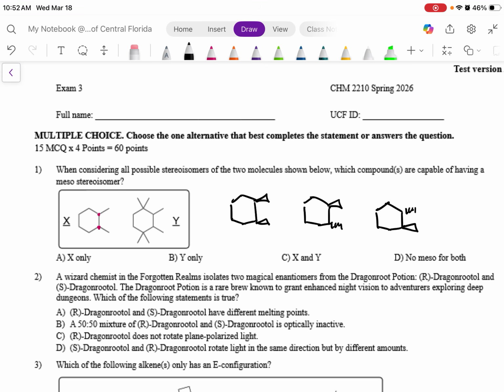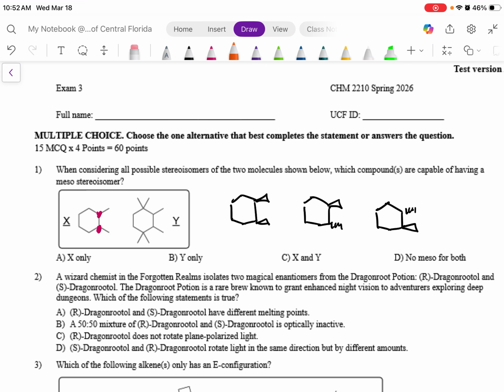But we don't need to find all the isomers here, because we want to find one that is a Meso compound. A Meso compound has two components that you have to look for. Component 1 is that it needs at least 2 stereocenters, and we got that right there. The second component is: is there a plane of symmetry that cuts that molecule directly in half, giving equal halves?